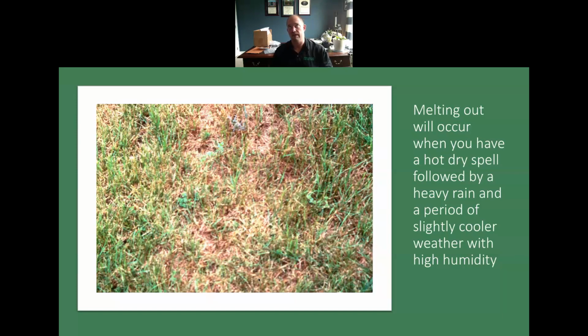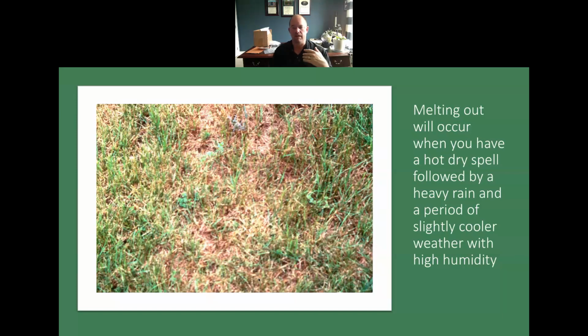I think it was this last summer in 2020 that I ran into this. We had a really hot, dry period when we went from May into June, like 90-degree weather. It got really hot, really dry. We did have leaf spot present going into that period. Then everything just baked for about a week or two.